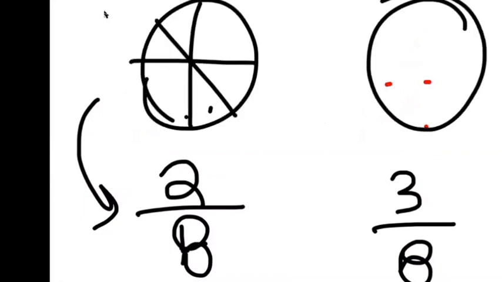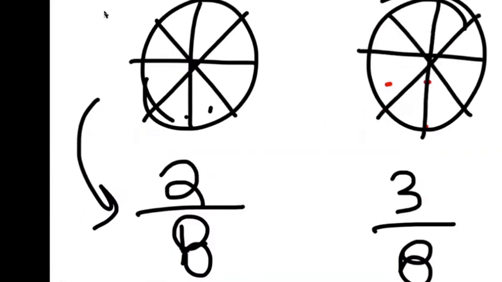1, 2, 3, 4. There's 8 pieces. 1, 2, 3, 4. Over here I have 2/8. 1, 2. And over here I have 3. 1, 2, 3. Which one is greater? Hold up either 2 for 2/8 or a 3 for 3/8.